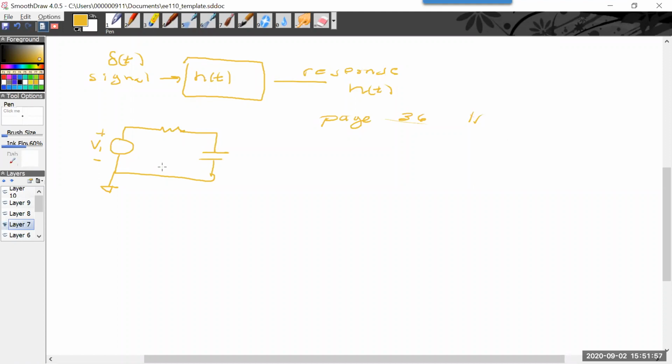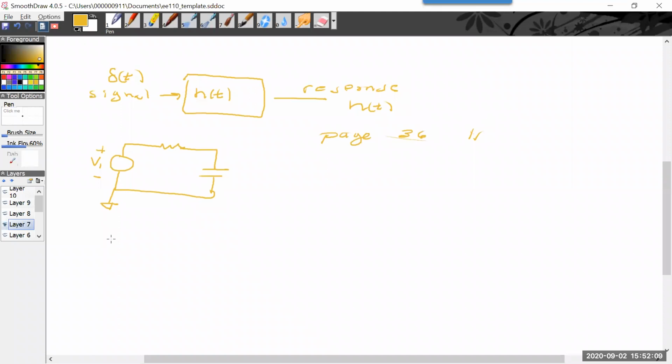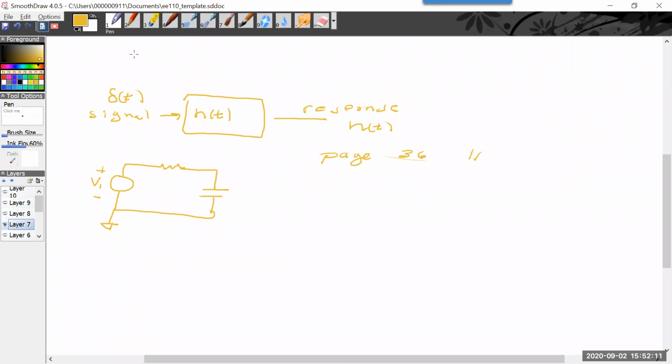Now, the real power of the S domain is the fact that, again, calculus, so things like integration actually become 1 over S, and things like taking the derivative become S, and so calculus becomes algebra.